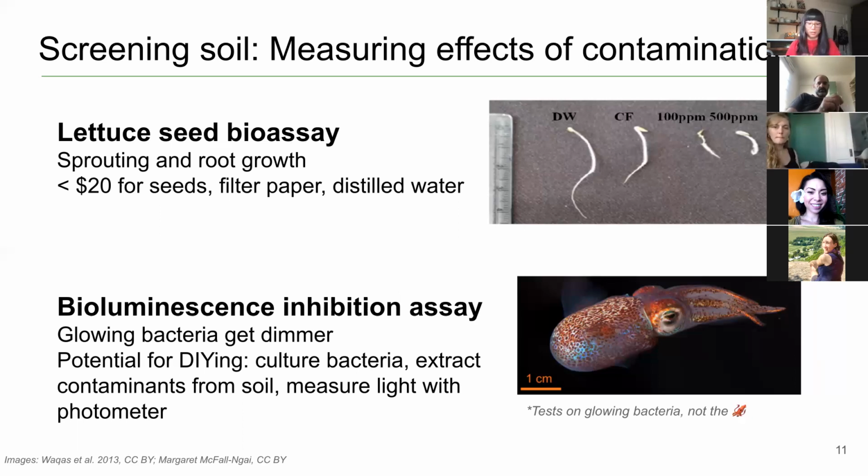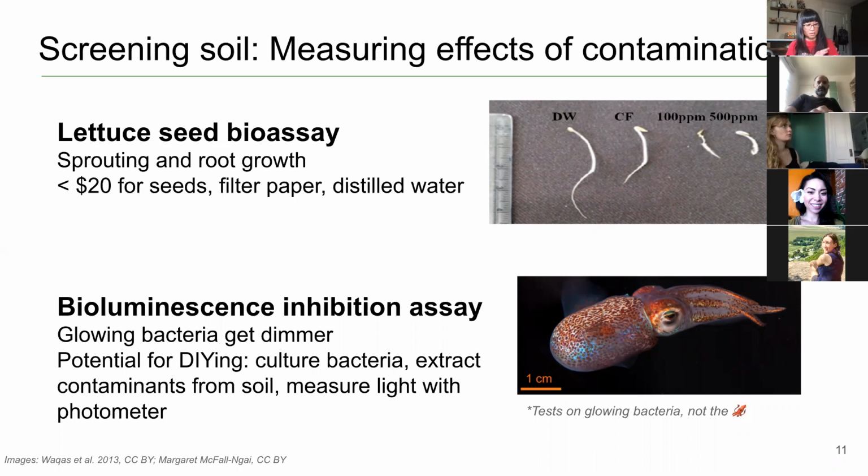Then there's also one for the DIY biologists out there. There's a bioluminescence inhibition assay. And this uses glowing aquatic bacteria, so bioluminescent bacteria, to test for the toxicity in a soil sample. And pollutants tend to dim the bacteria's glow, which can then be measured with a photometer.